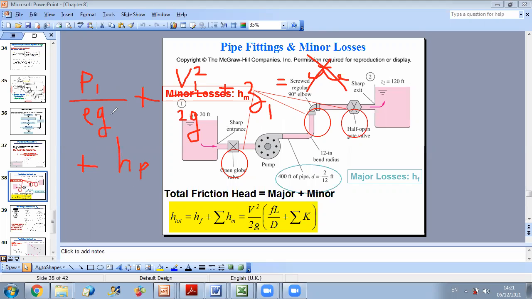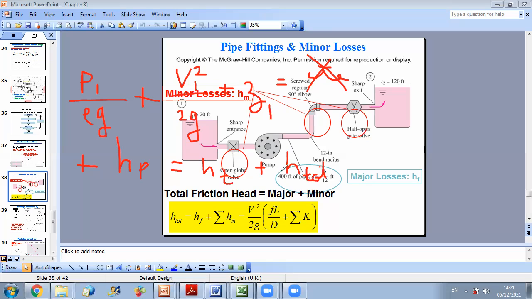It will be added to the initial energy. Equals, from the other side, you consider all losses. If I have a turbine, I will lose energy, so I put H turbine. And of course, I have friction losses, so I have plus H total due to losses.